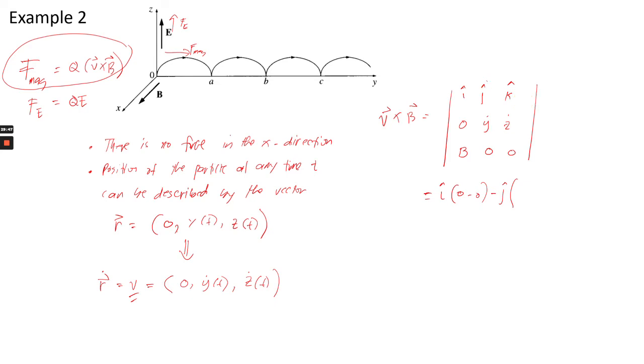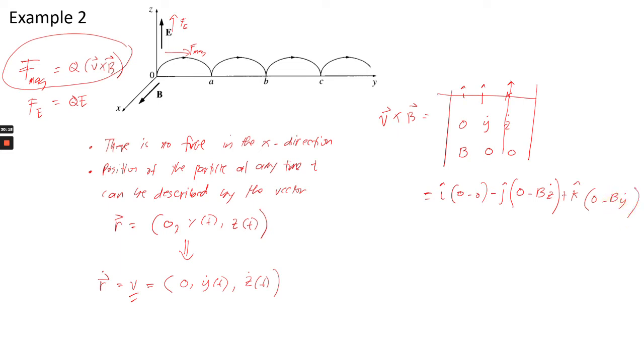So we have 0 minus B z dot, plus the k hat component. So you have 0 minus B y dot.